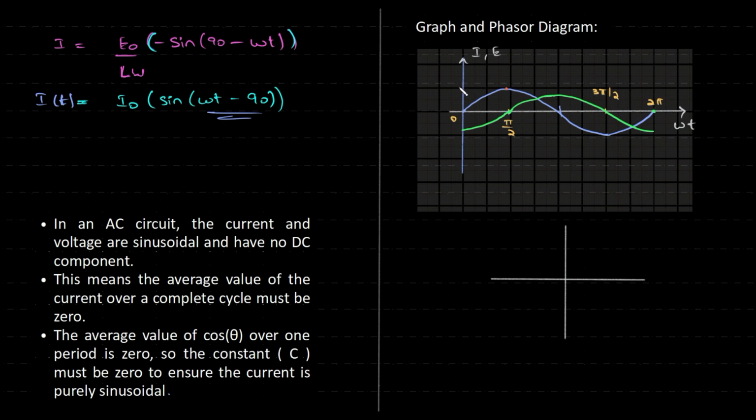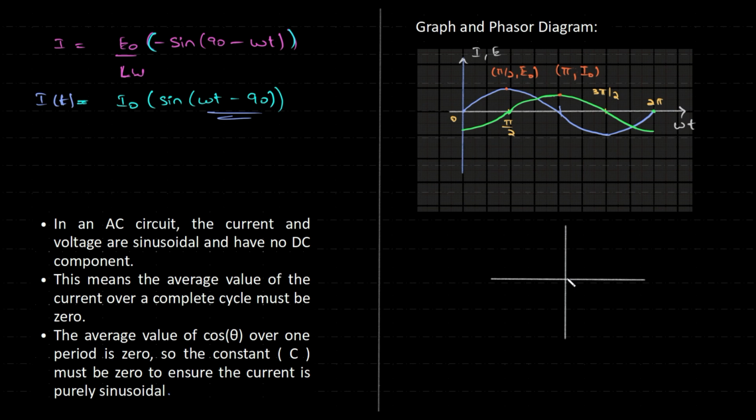So this point is your maximum, or pi by 2, comma E naught, while this point is your pi, comma I naught. This is the entire funda.